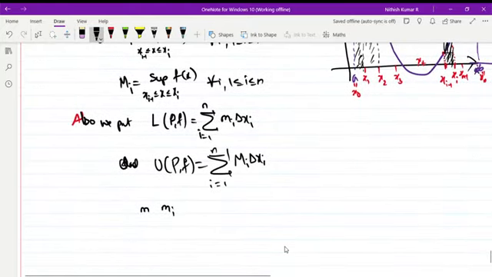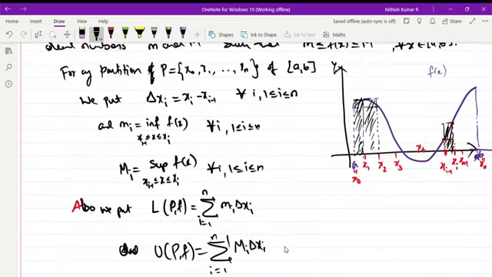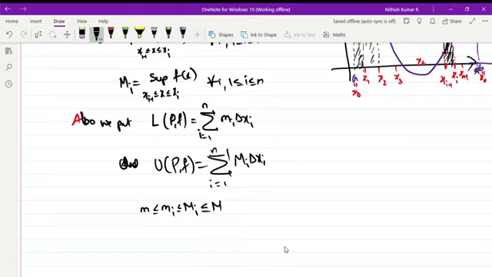So we can say this small m is less than or equal to mi. If you observe in this figure also, small mi and capital Mi are the infimum and supremum of the function in a small interval. So we can say this small mi is less than or equal to capital Mi, and this capital Mi is again less than or equal to capital M, because it's the entire closed interval a comma b, for all i between 1 and n.